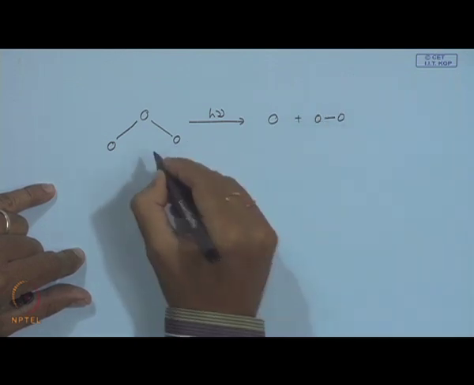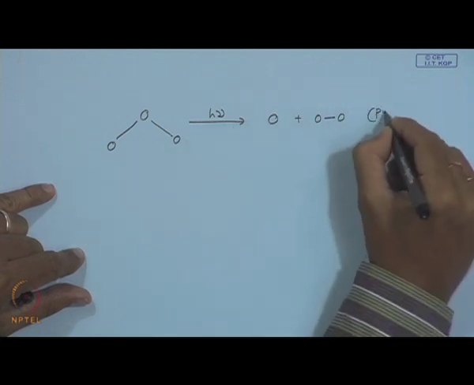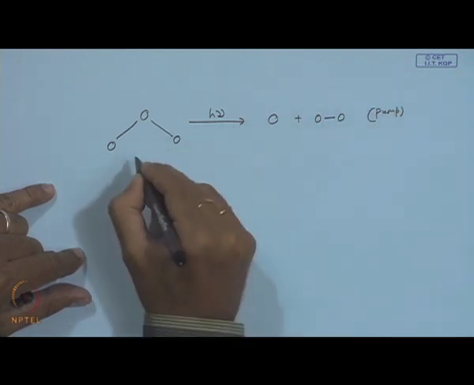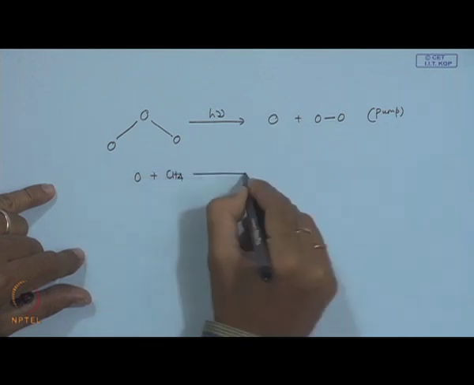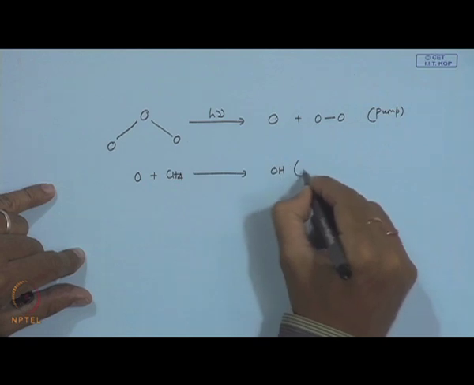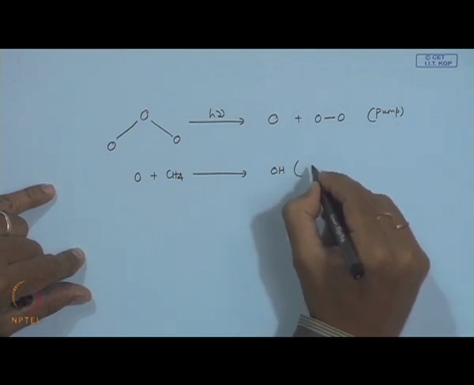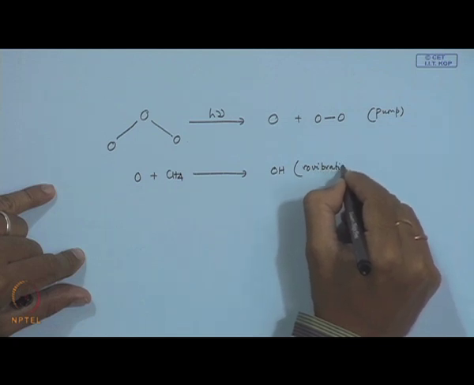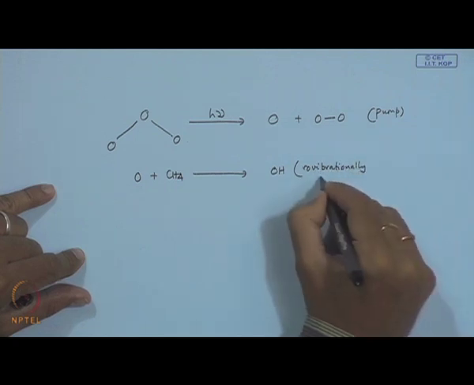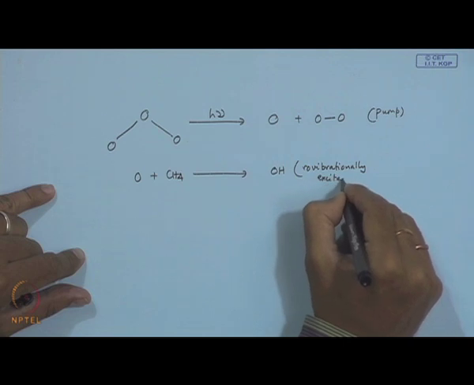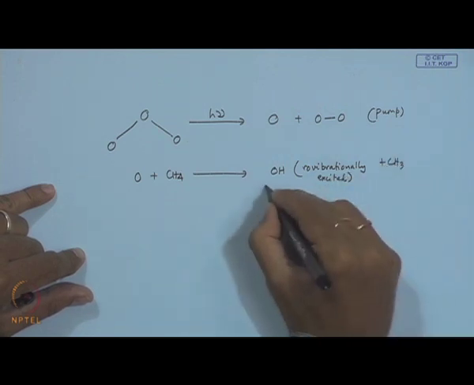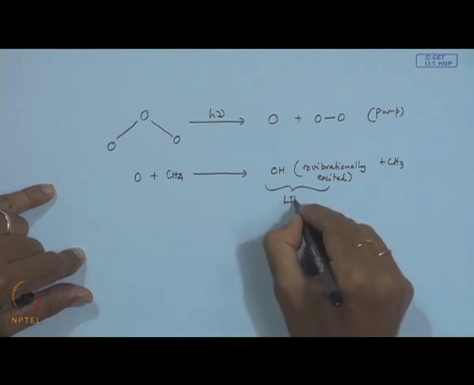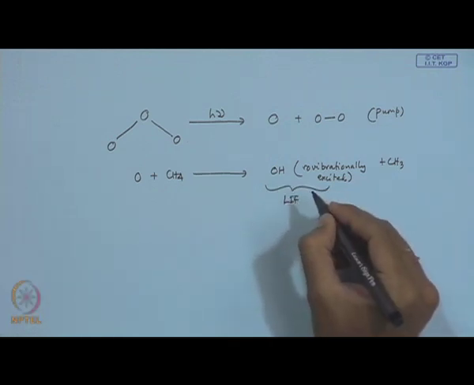So this is your pump, and then O plus CH4 gives rise to OH, rovibrationally excited, plus CH3. You use LIF for this, laser induced fluorescence.